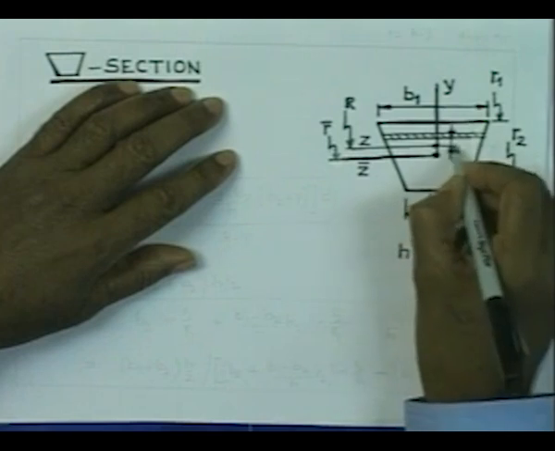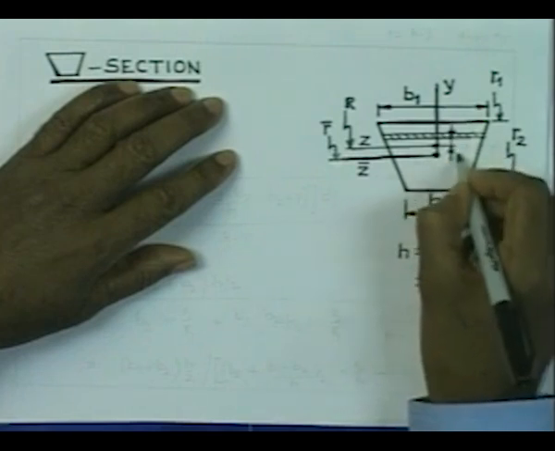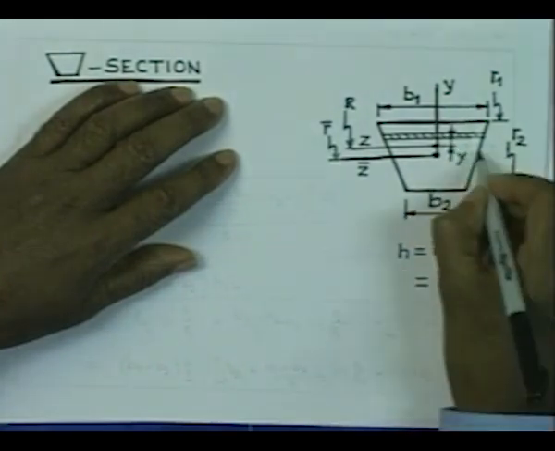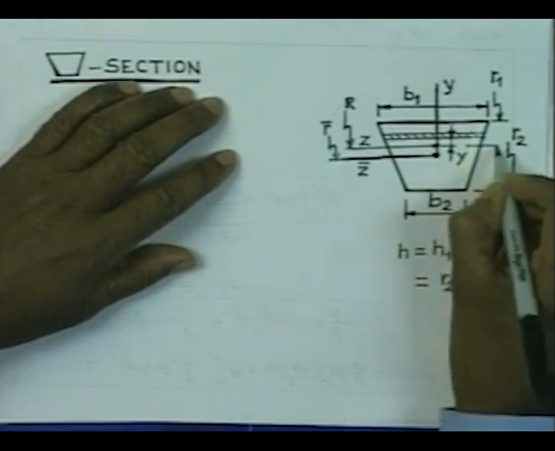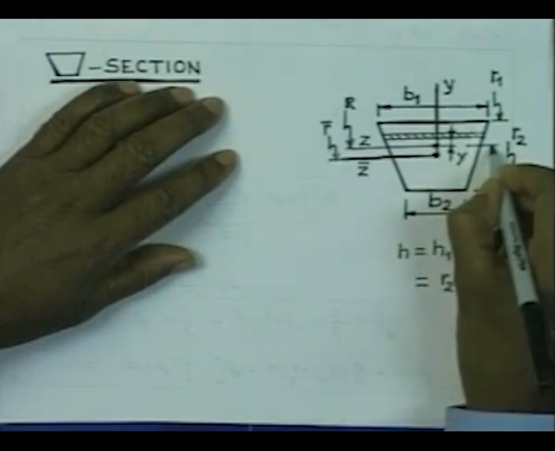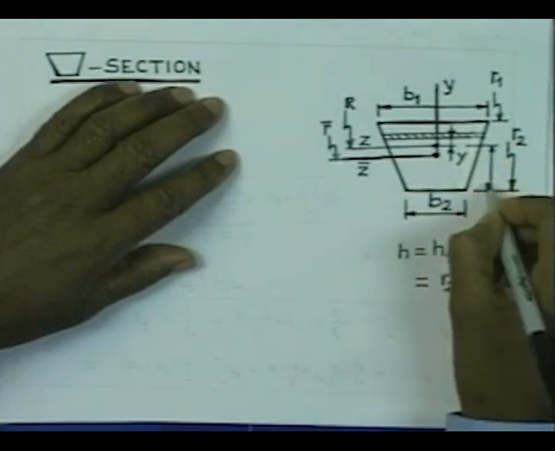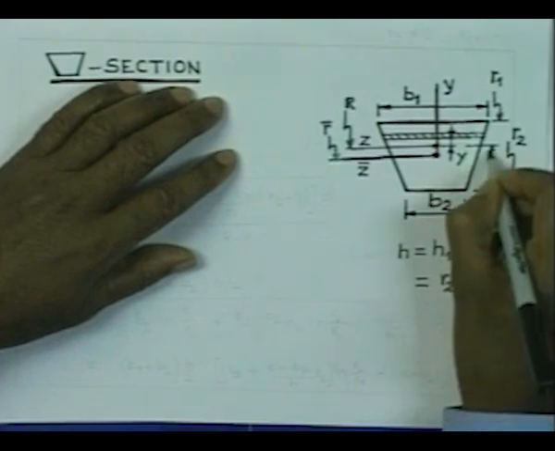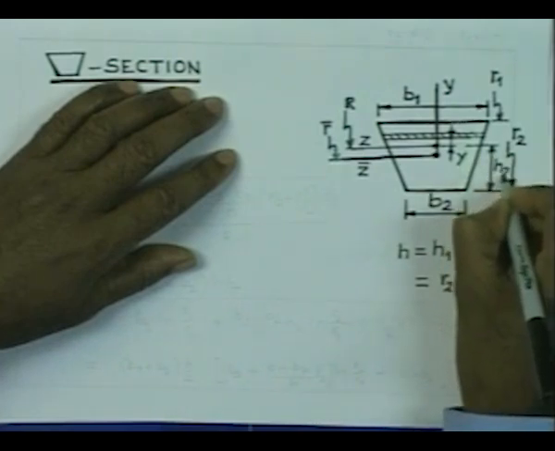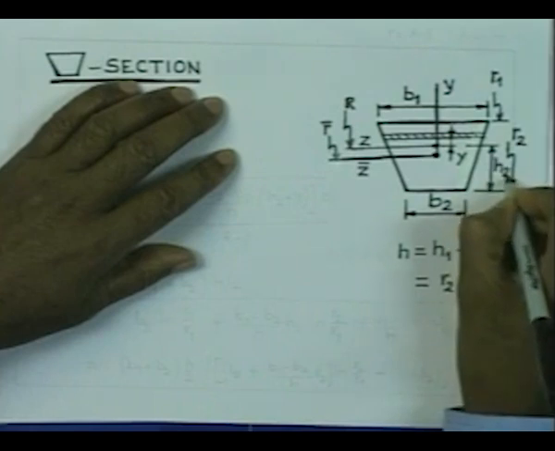So, this distance from here to here is y, we also would like to indicate that the fiber at the bottom is at a distance of h2 from the neutral axis.